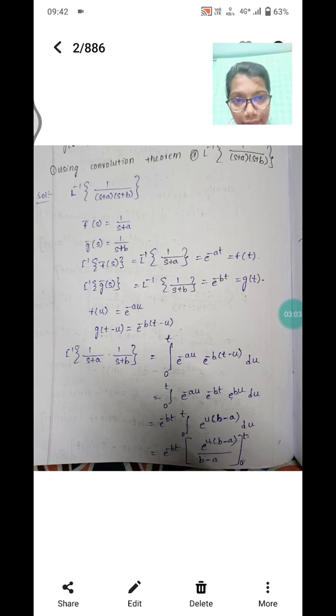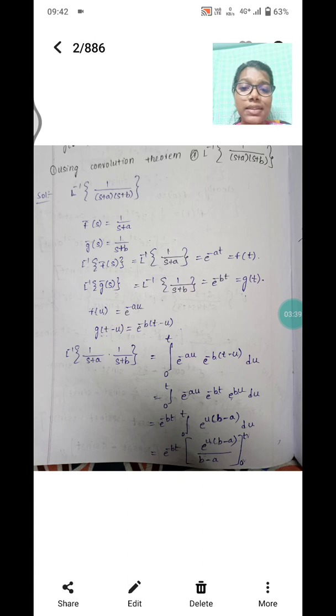Then in the formula we observed f of u and g of t minus u. That means in f of t we substitute u in place of t, and in g of t we substitute t minus u. So f of u equals e power minus au, and g of t minus u equals e power minus b into t minus u.